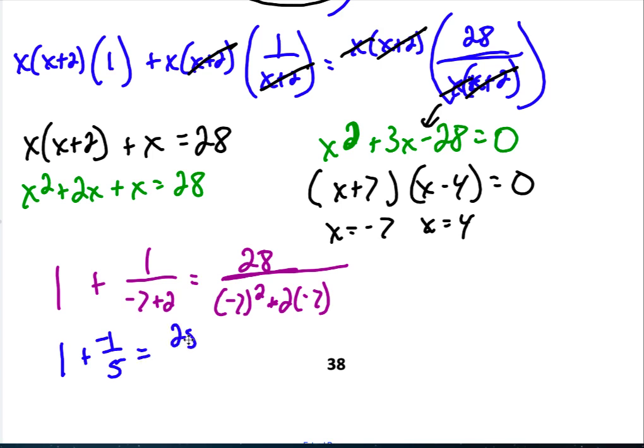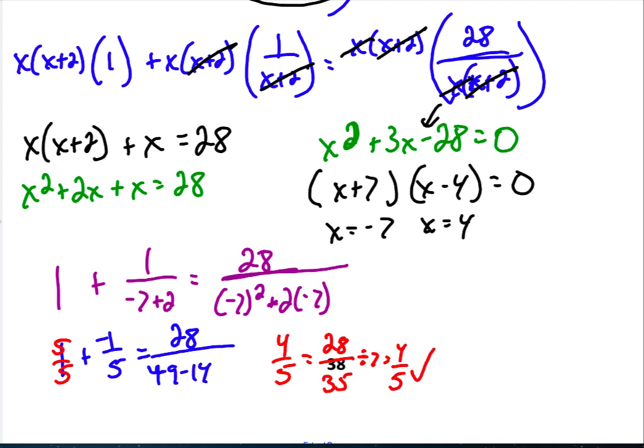And then I have 28 over 49 minus 14. Well, 1 plus negative 1/5, well, that's really 5/5 plus negative 1/5 is 4/5. 28 over 49 minus 14, well, that's really 28 over 35, which if I simplify, it gives me 4/5.